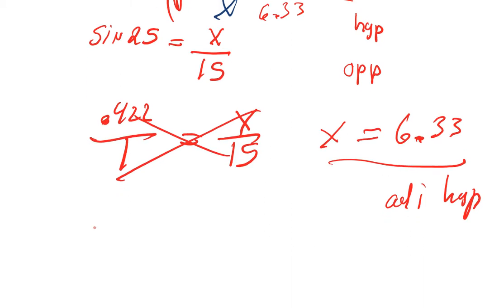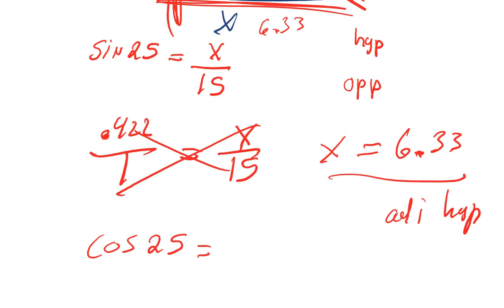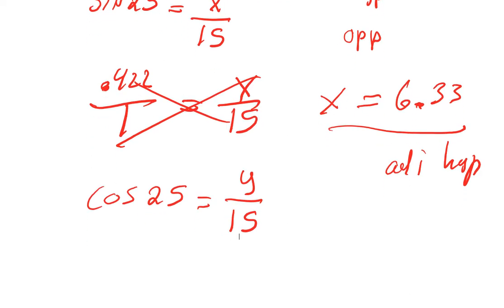Cosine, yep. So we're going to go cosine 25 equals the adjacent side, which I don't know, they're calling that y, over the hypotenuse, which is 15. So I need the cosine of 25. 0.906 equals y over 15.